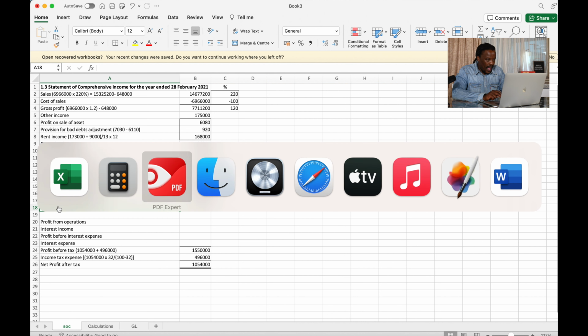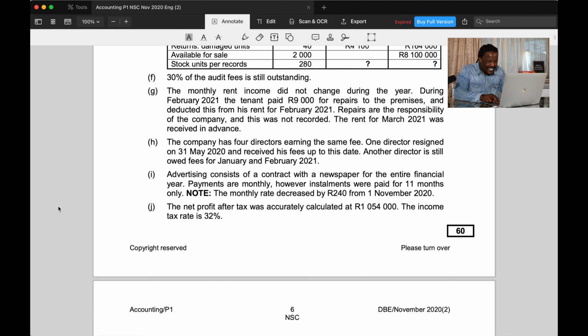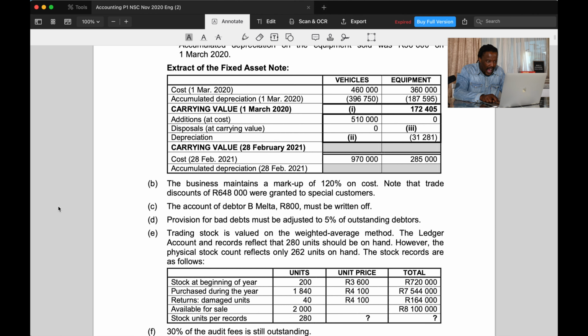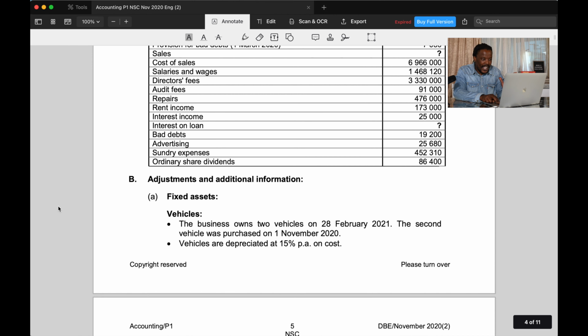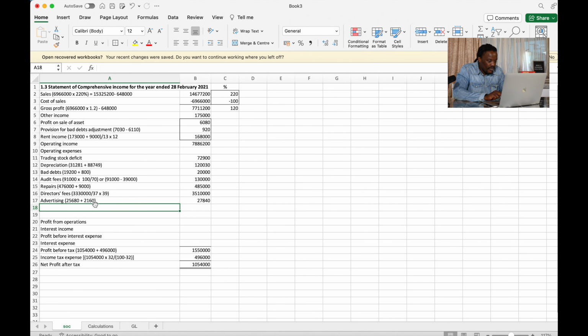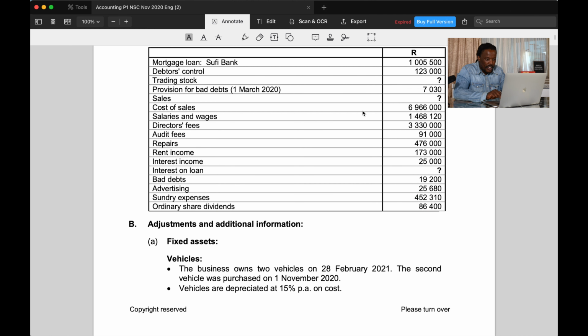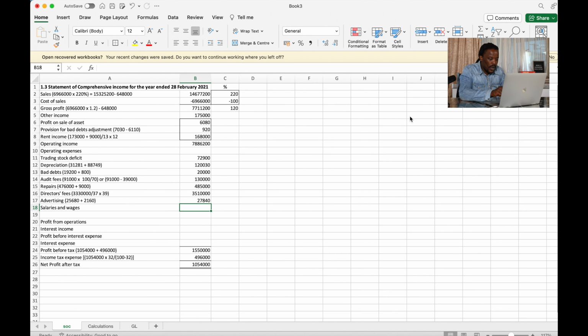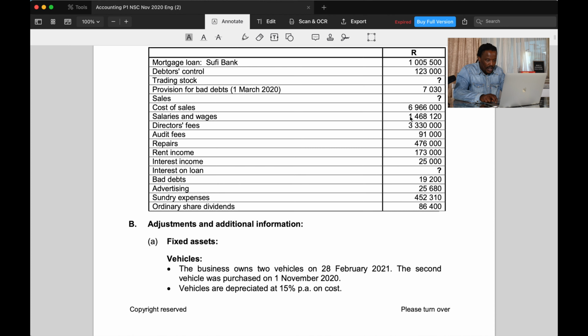Now we are done with our adjustments and additional information, and then we go back to the pre-adjustment trial balance and see what was not spoken of, such as sundry expenses, such as salaries and wages. Salaries and wages, how much? You take your free marks, 1,468,120.